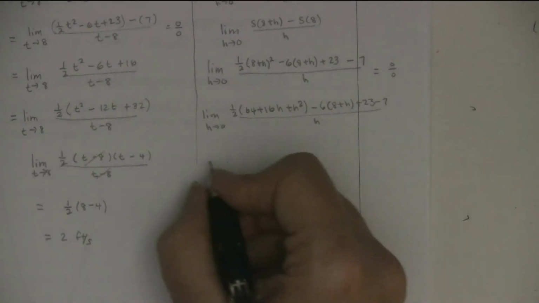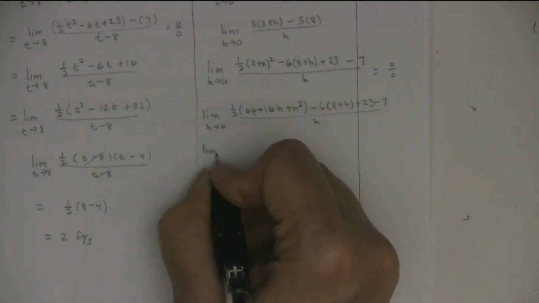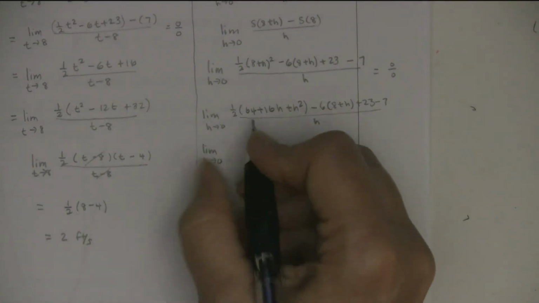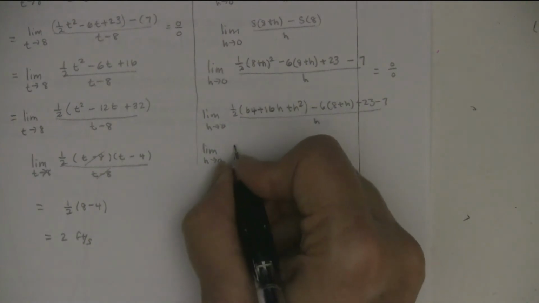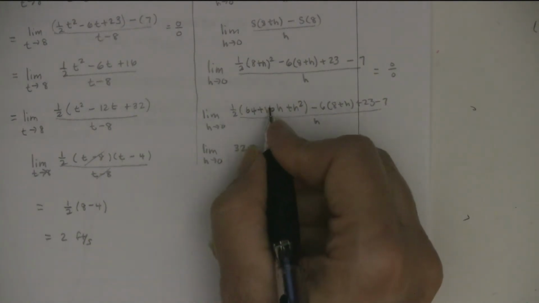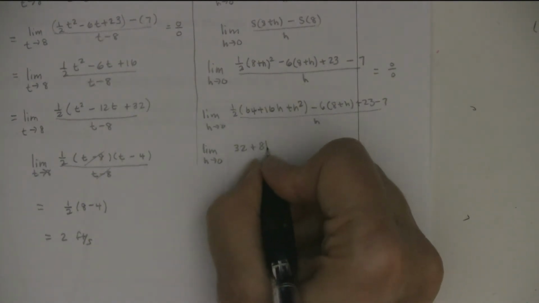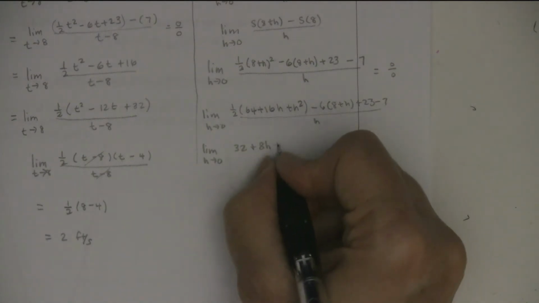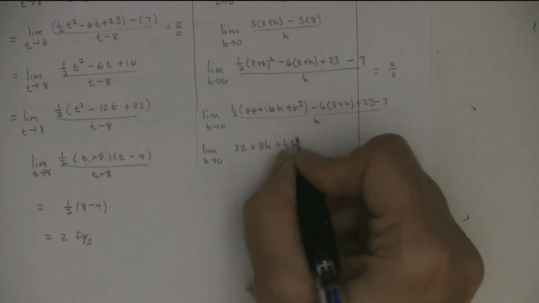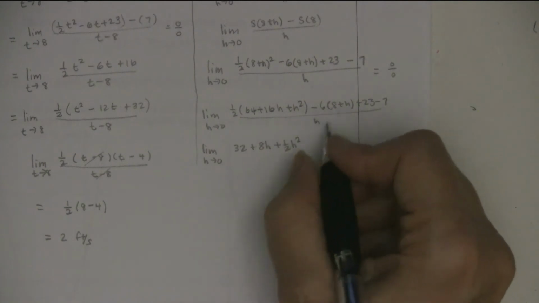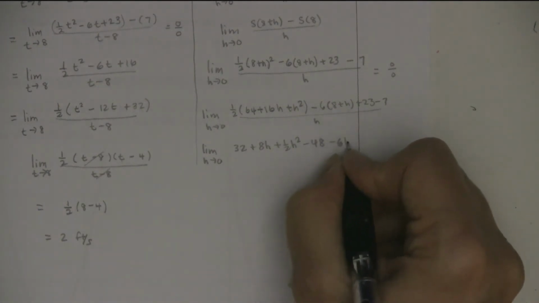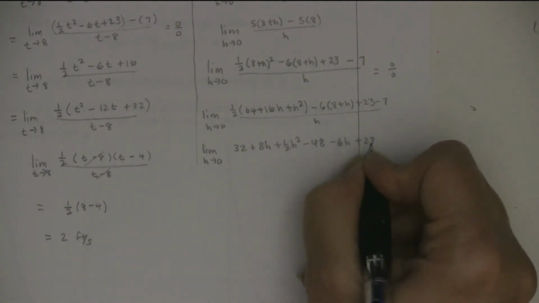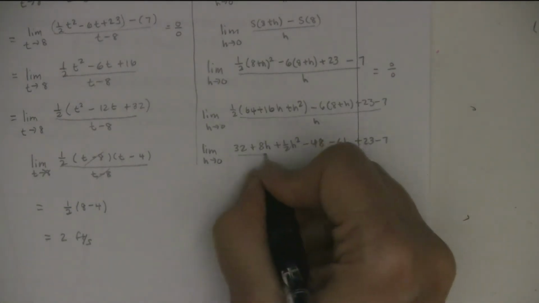So a little bit of algebra here, a little bit of multiplying. So this is going to give us half of 64 is 32, half of 16 is 8h, half of h squared, and minus 48 minus 6h plus 23 minus 7 all over h.